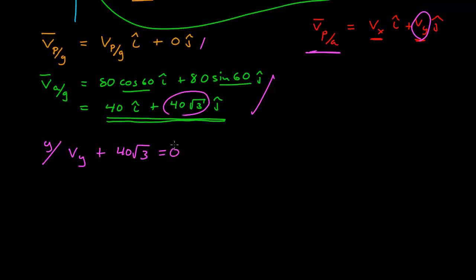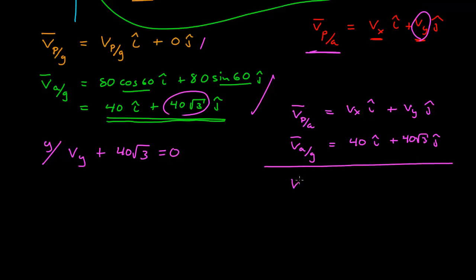Let's make this more transparent if this is not obvious. I want to add these vectors. Let's add them vertically. So the vector of the plane relative to the air, which is vx i hat plus vy j hat, plus the velocity of the air relative to the ground, which is 40 i hat plus 40 square root of 3 j hat.